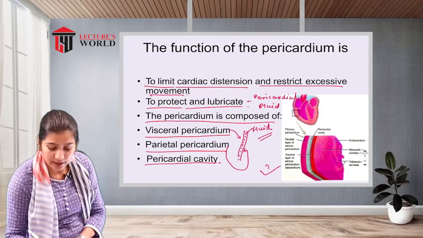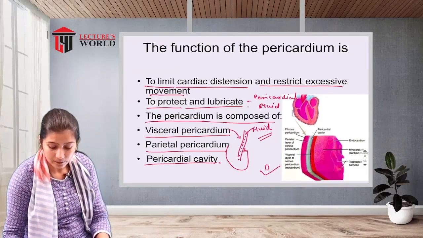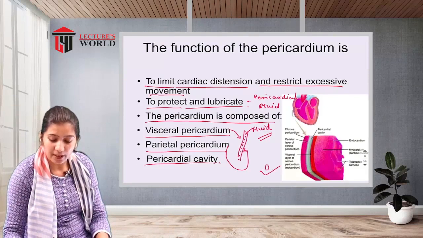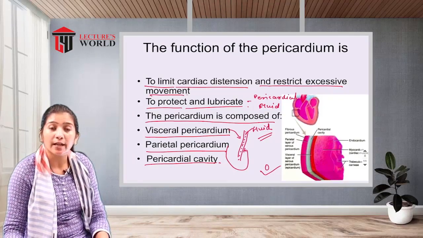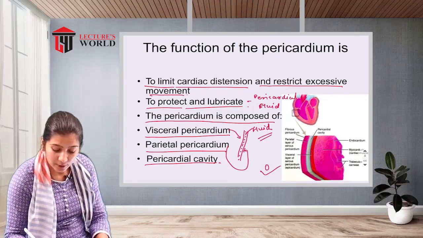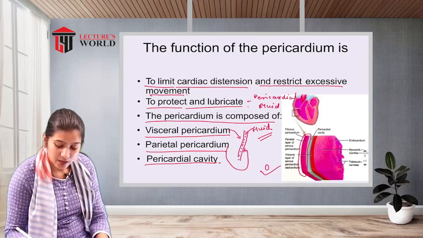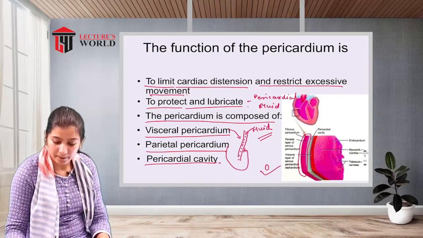So here you can see the section of the heart layers. As we all know, there are three layers in the heart. The outermost layer you can see over here is the pericardium.